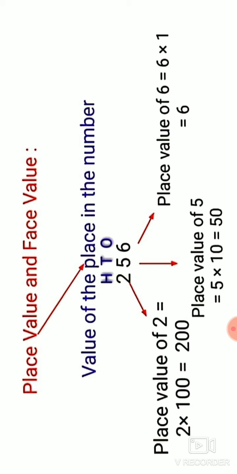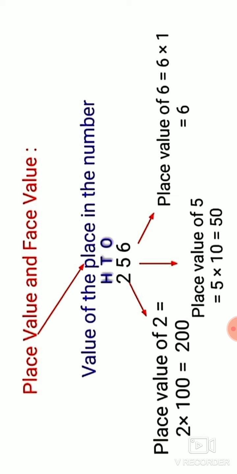Therefore, place value of 6 is equal to 6 into 1, that is 6. Then the place value of 5 is in the tens place. Therefore, the place value of 5 is 5 into 10, that is 50. Then the place value of 2 is in the hundred place. Therefore, 2 into 100 is equal to 200.